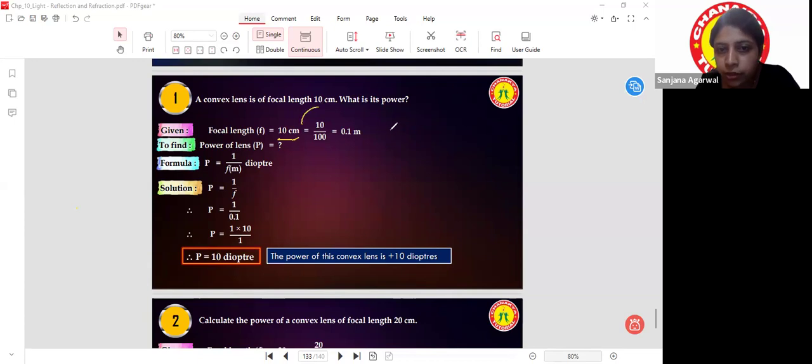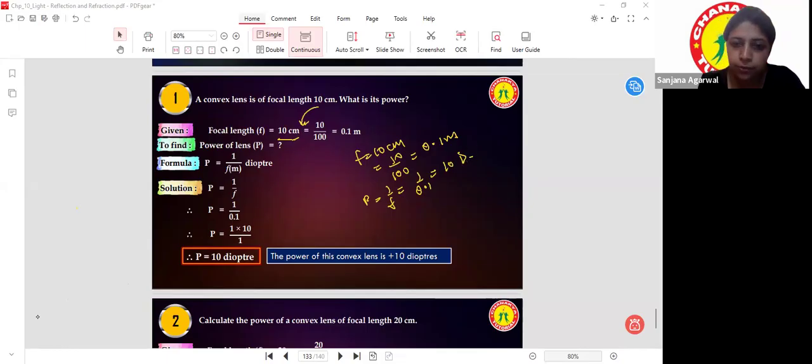First we need to convert it into meters. 1 centimeter is 1 by 100, so that is 0.1 meter. Now apply the formula for power, that is 1 by F, 1 by 0.1, that is 10 diopter. Power is positive, that's why the lens is convex.